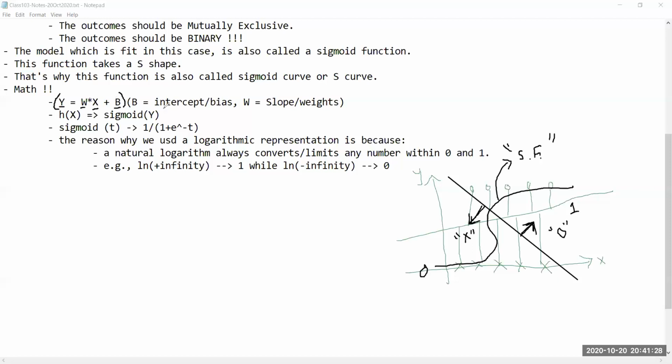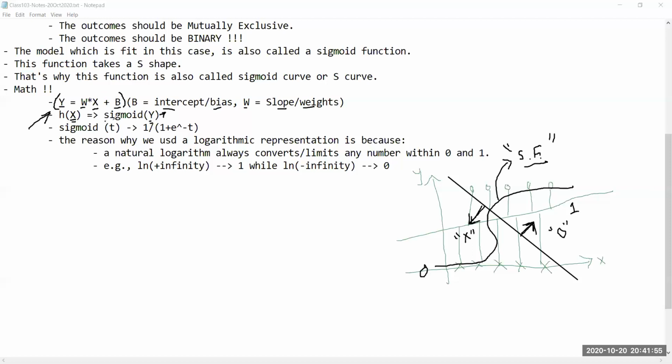So this b term over here is my intercept or my bias, and the w term over here is my slope or my weight. Now, if I have a hypothesis in this case, which is to represent my situation in the form of a sigmoid function, then clearly my sigmoid function is a sigmoid of y, where the hypothesis is on x, because x is my independent variable and I'm trying to predict y.